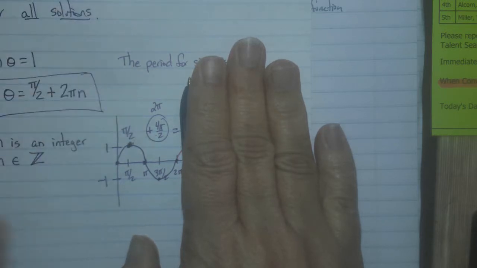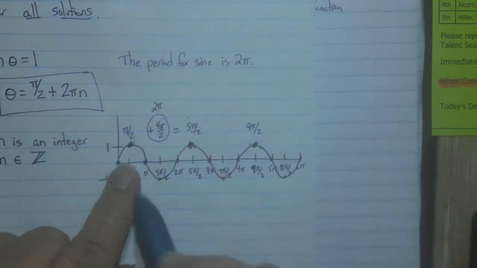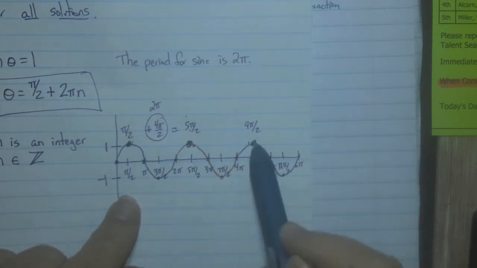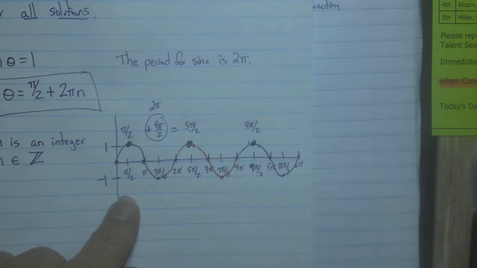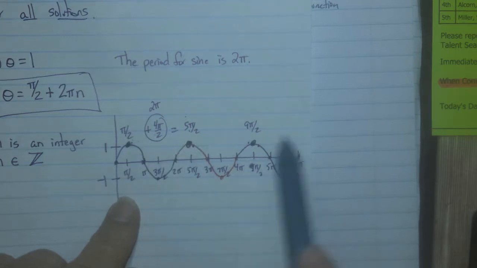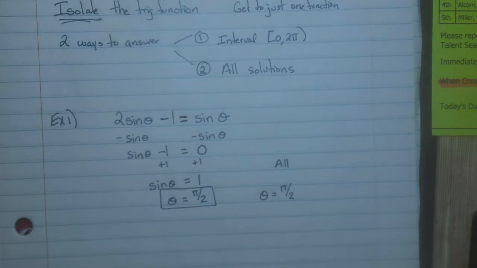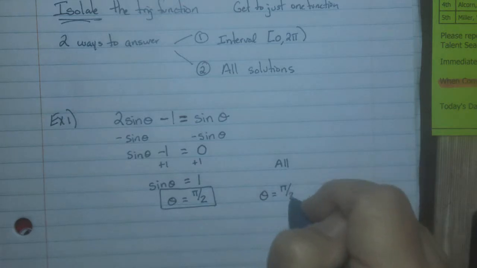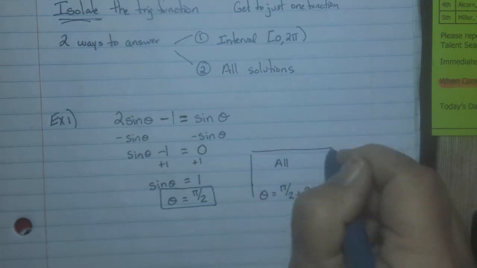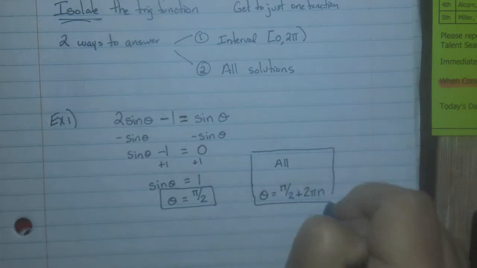But if I look at my entire domain, negative infinity to infinity, the sine is 1, and then the sine is 1 again, and then the sine is 1 again, right? We're going to have an infinite number of times that the sine is 1. It's going to happen every 2 pi units. So if it asks for all solutions, it's going to be pi over 2 plus 2 pi n. So when it says all, that's going to be your answer.